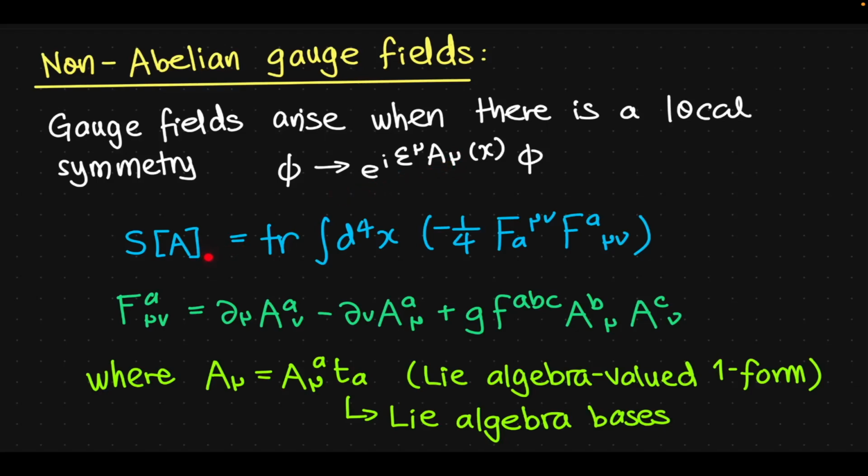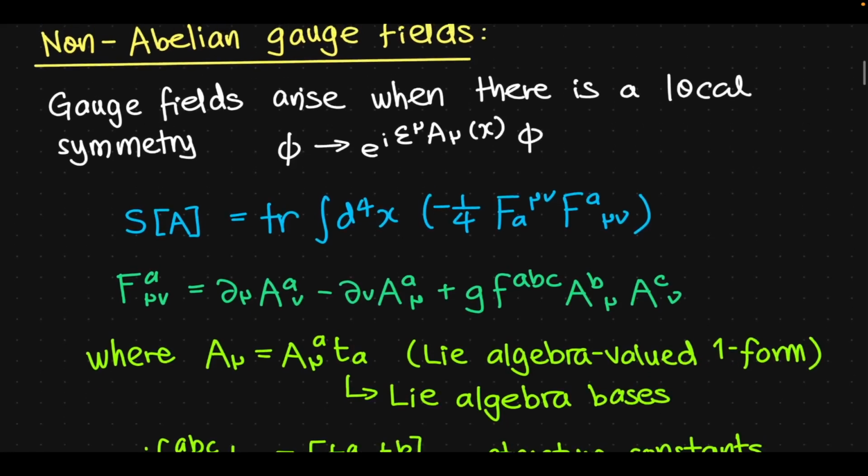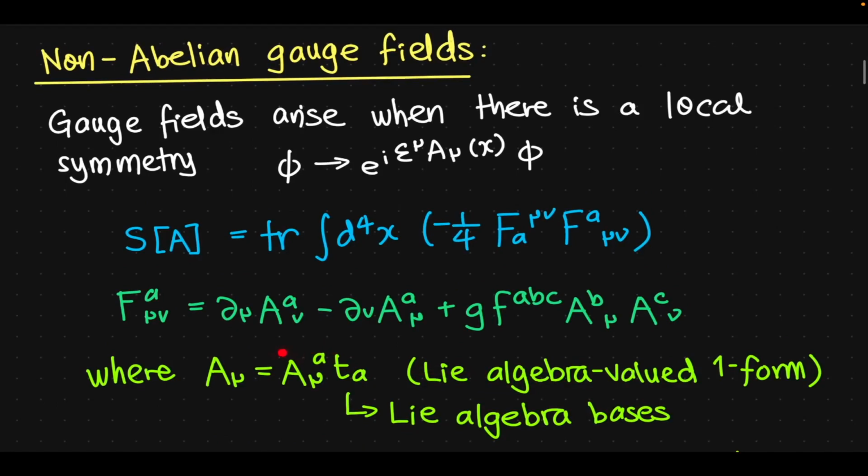Now this field in general is a Lie algebra valued one form, or a Lie algebra valued field, which is expressed in terms of linear combinations of the Lie algebra bases that we're working in. In this case, we're going to be discussing more general Lie algebras, non-abelian Lie algebras rather than abelian ones.